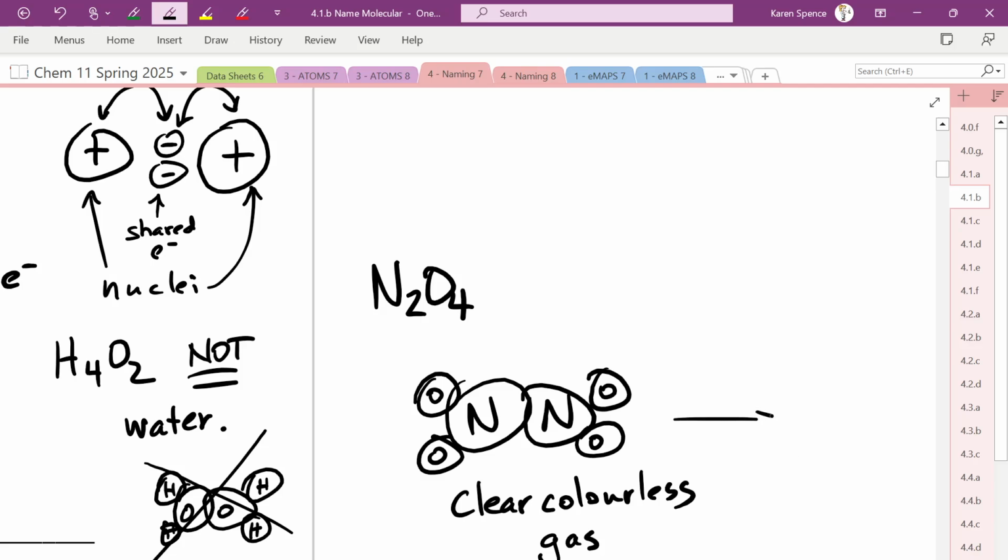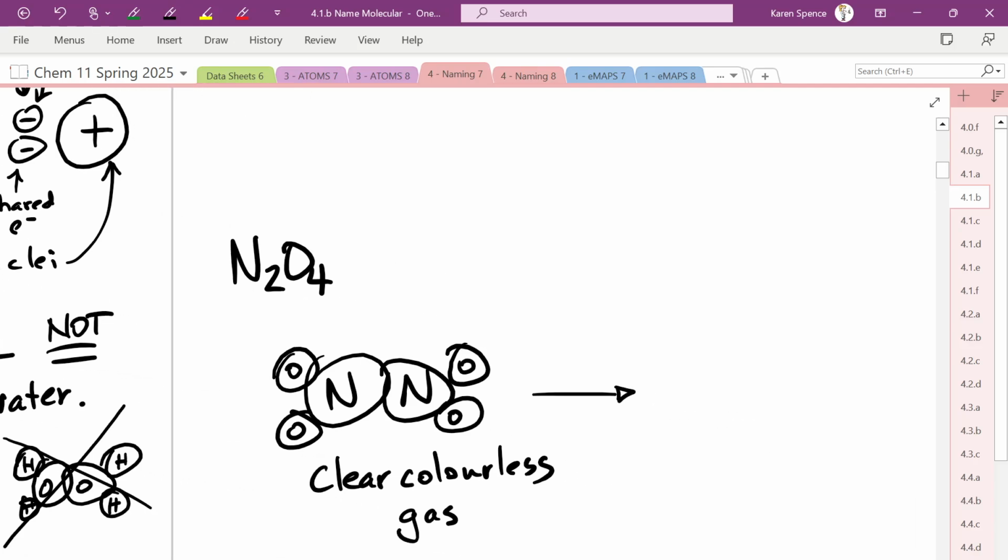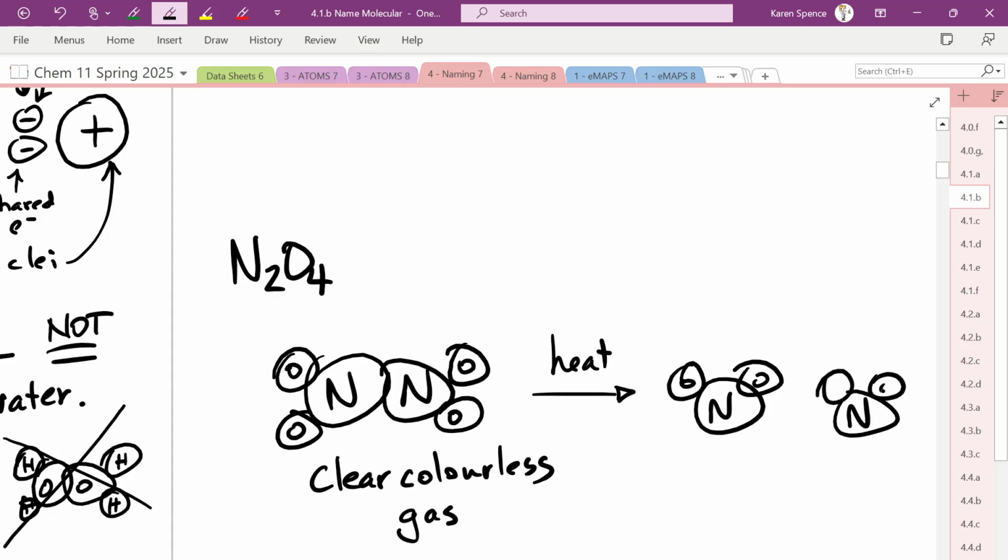If we break it apart, which happens if we heat it, we get NO2 and NO2. And this is a brown gas.